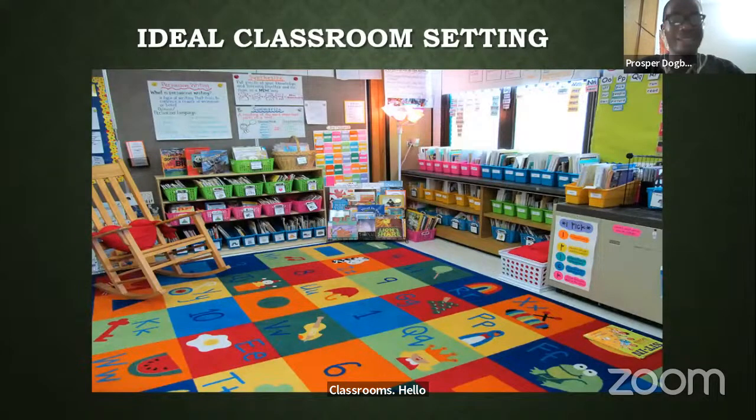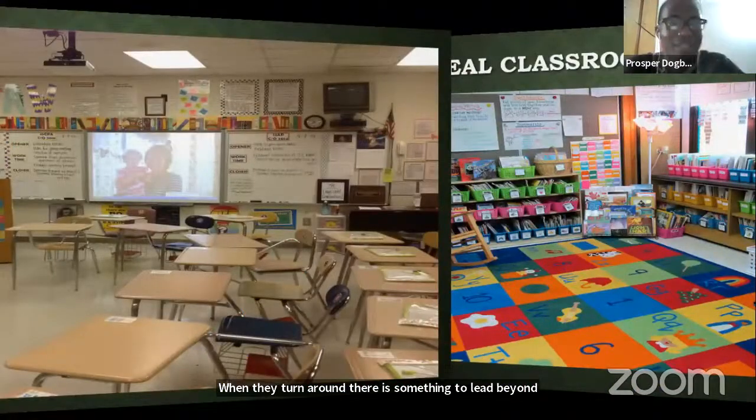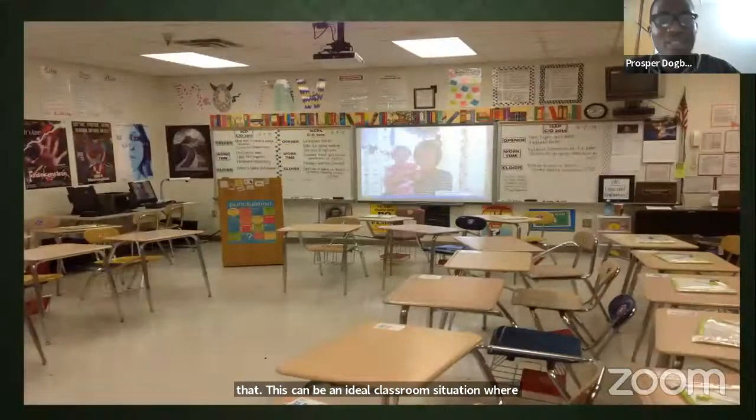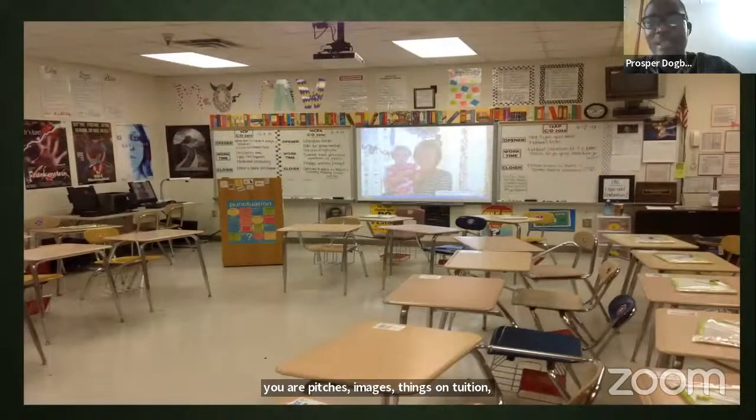I believe students will always love to run to your class. Even when they're playing on the floor, they are learning alphabets. When they turn around, there is something to read. Beyond that, this can be another ideal classroom situation where you have pictures, images, things on punctuation, words for the day, and a lot of other things scattered around.